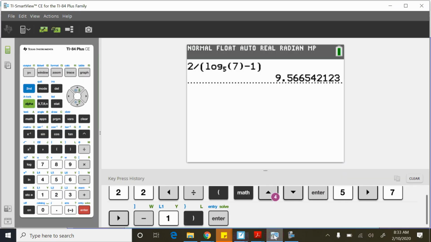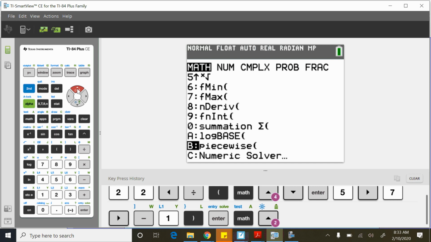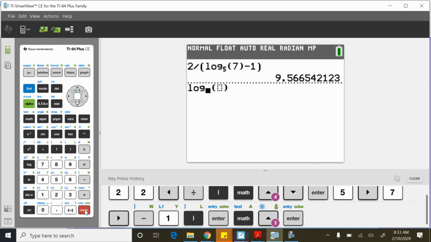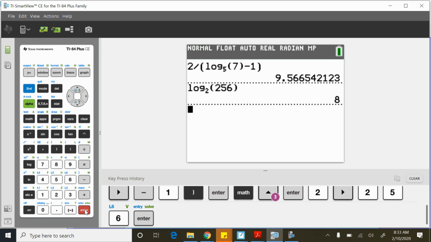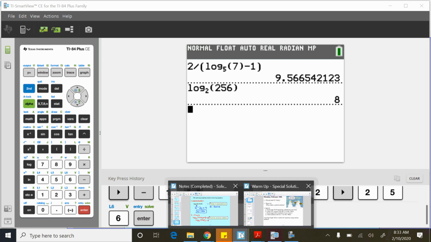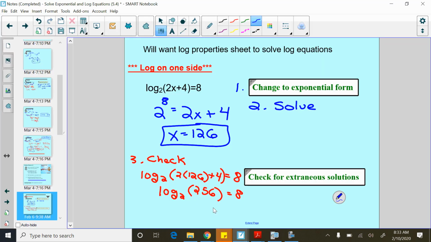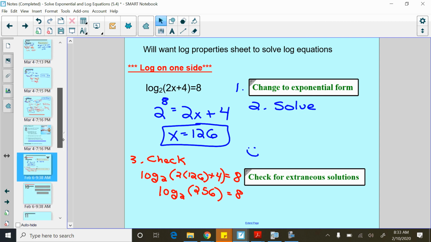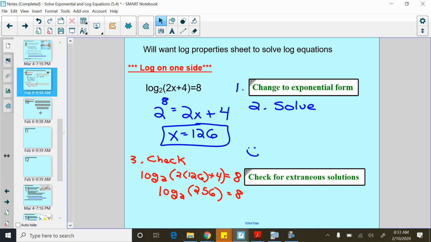So if we go to the log base button in my calculator, I put a 2 here, I put a 256 here, and it does equal 8. So we know that, in fact, this does work out. All is good. We don't have to change our answer. We know that 126 would be our final answer.